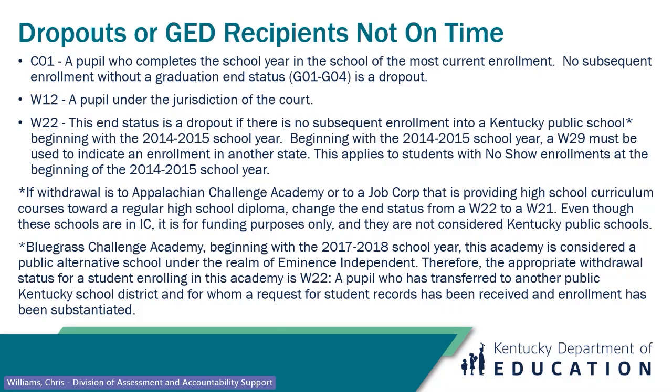Where can I find these withdrawal codes and the dropout and GED recipient codes as well, all of these CO1s and Ws and etc. You can always find this underneath the I Need Help button in SDRR, and we'll talk about additional resources too to assist you.